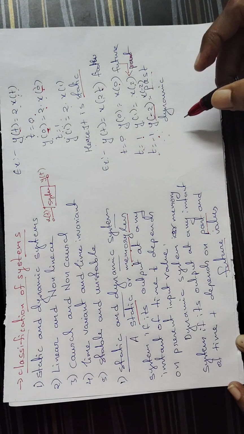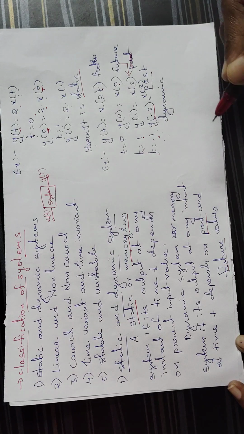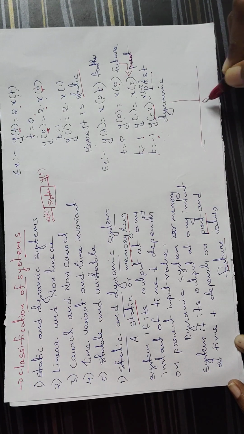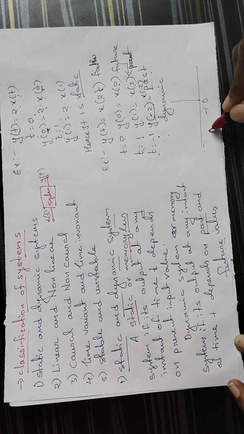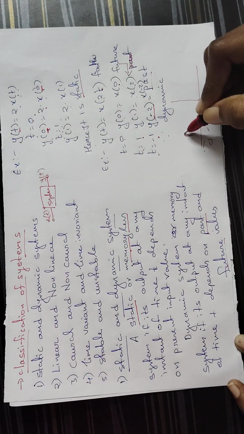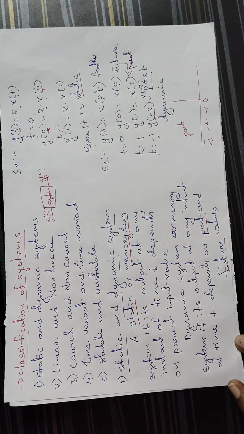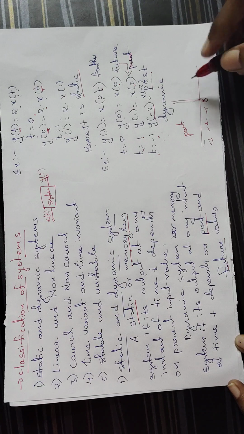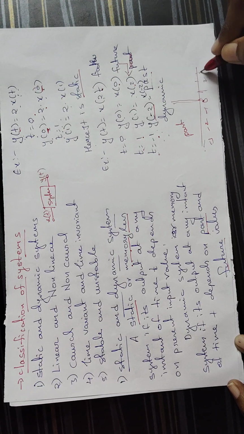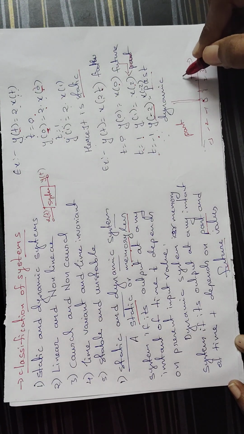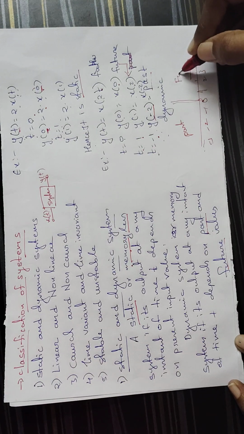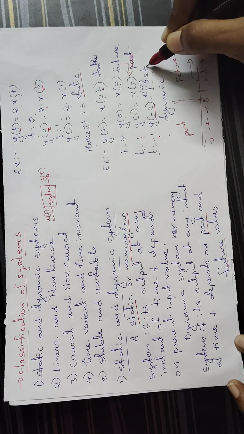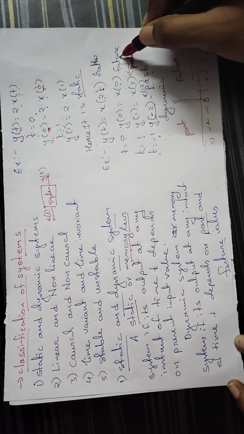How do we find whether it is a past, present or future value? See, this is 0. The left side values are negative, and we call them past values. 0 is the present value. And 1, 2, 3, 4, all these positive values, we take as future values. So here it depends on past and future values.